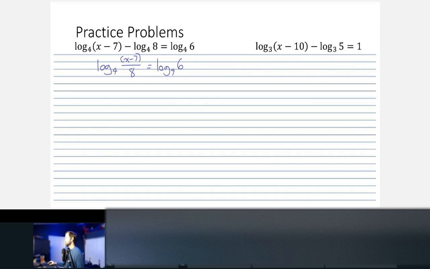Okay. Everyone agree with what I wrote? Yep. And now can we set that fraction x minus 7 over 8 equal to 6? We sure can. So let's go ahead and do that.